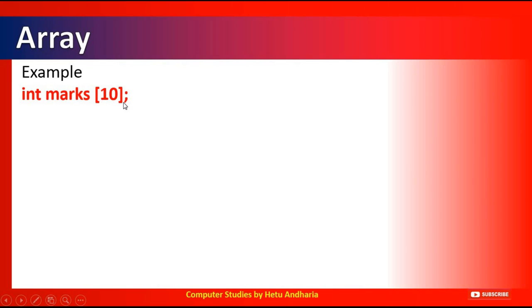Okay. Another example I give you. Now I have written a statement here. char, character variable. Name. What is the name of the variable? Name. I want to store the student name inside it. How many names will I be able to store? Only one name. Try to understand why.